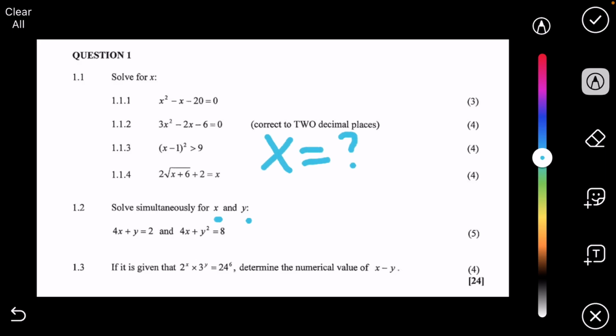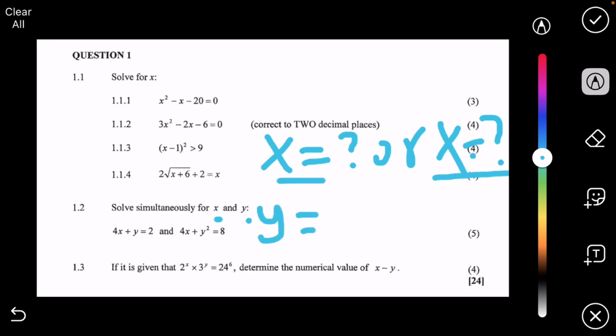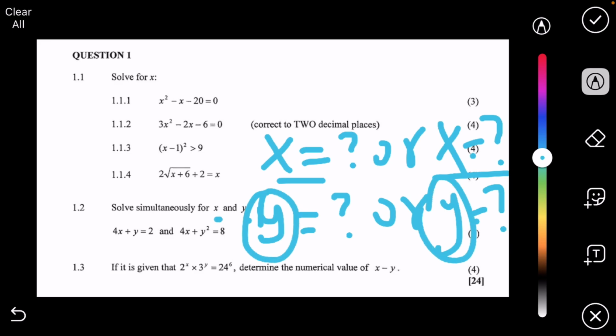If we do have more than one value of x, you should tell us what those values are, and again use these x values to tell us what the y values are. Or otherwise vice versa, ladies and gentlemen. You might need to firstly find the y values and use the y values to find the x values. Very, very much important, ladies and gentlemen.